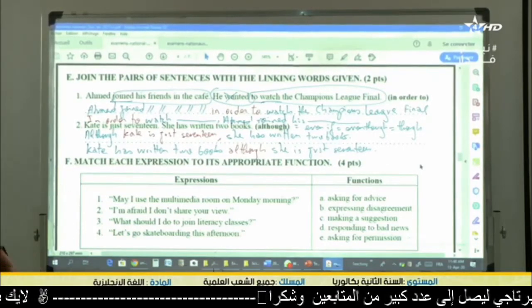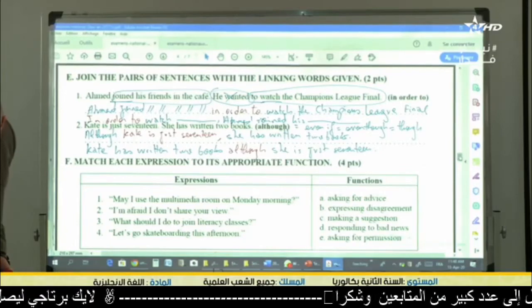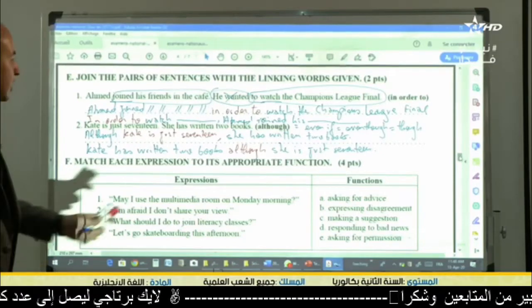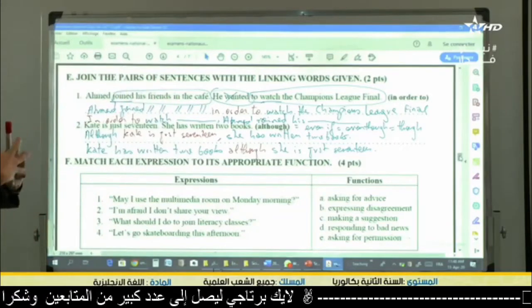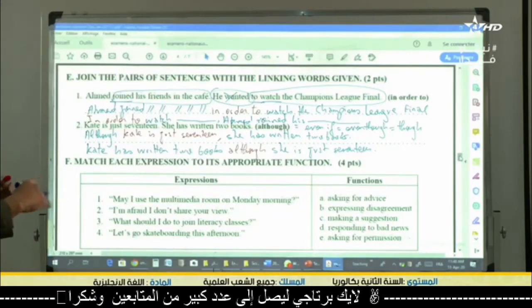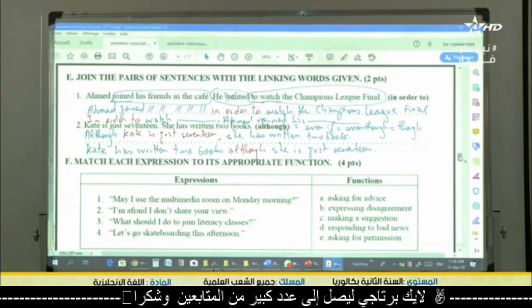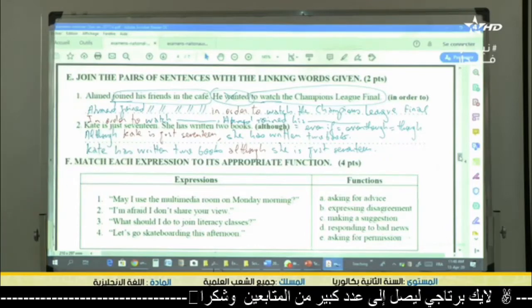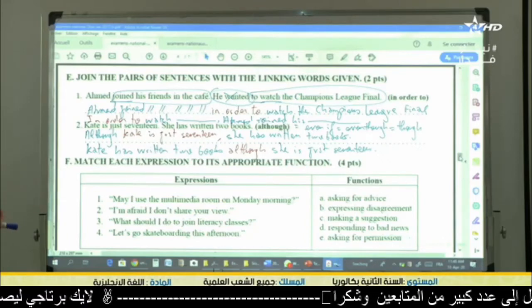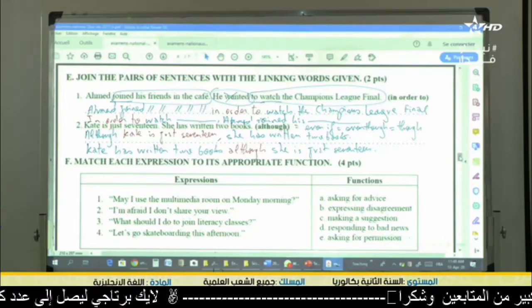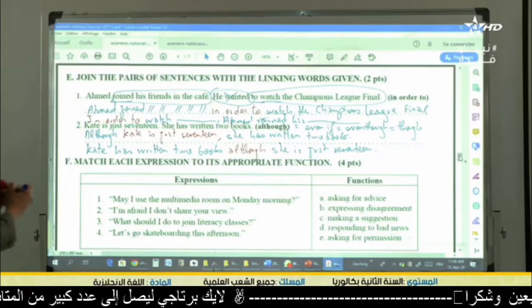Which lesson is this here? It's functions, a lesson of functions. We're going to match each sentence, each expression with the right function. Let's read number 1. May I is like can I. May I use the multimedia room on Monday morning? Can I or may I?